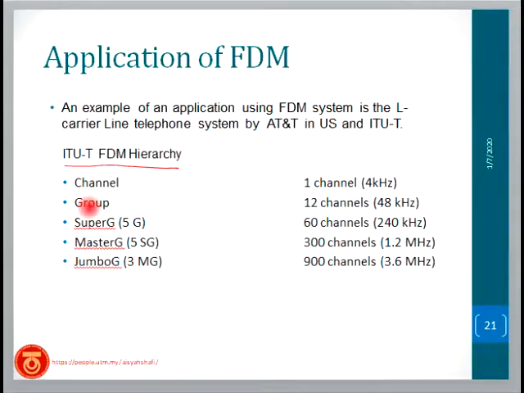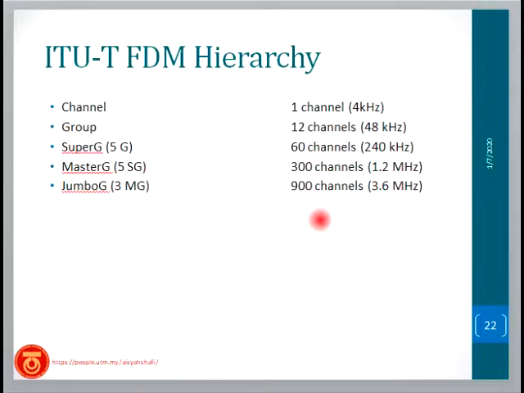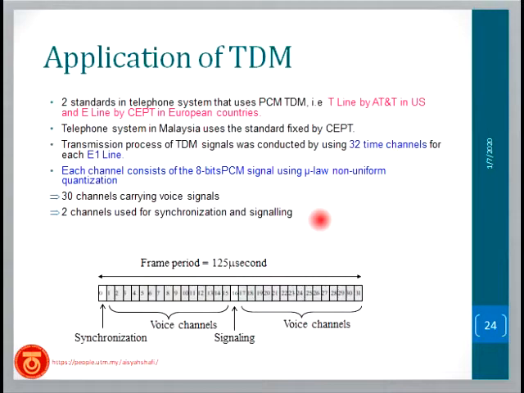We have channel, group, super group, master group, and jumbo group. This is the number of channels: for channel, only one channel, and for group, we have 12 channels per group.